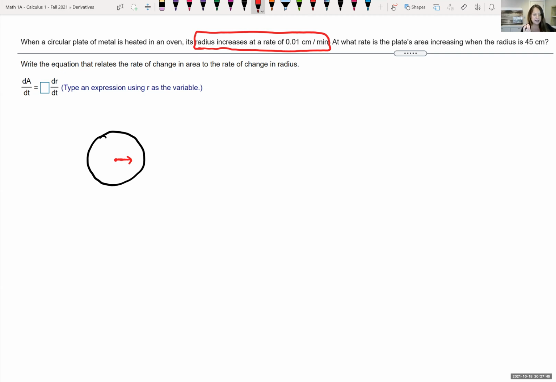So this is telling me the rate, keyword rate, that this is changing. And so I know here that the derivative of my radius, dr, with respect to time, dt, is equal to 0.01. When I put this in, I'm not going to put in centimeters per minute, but it's helpful to know that.